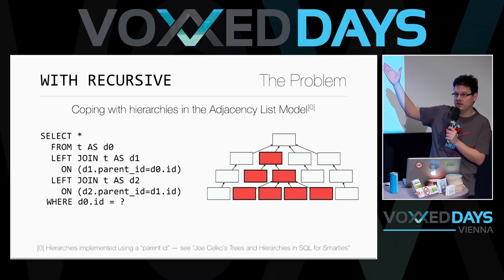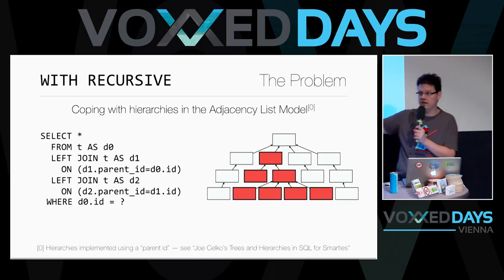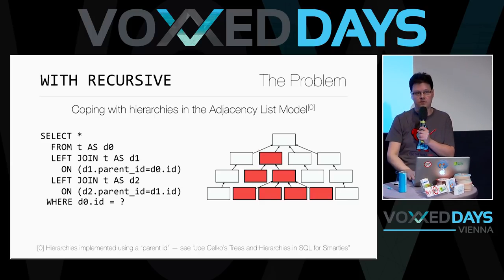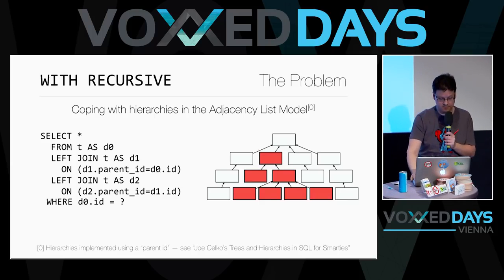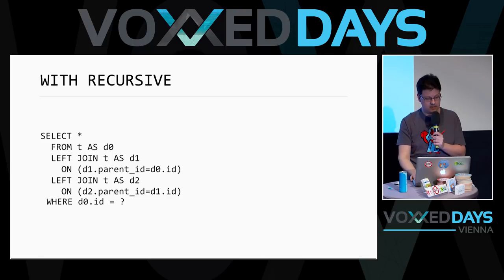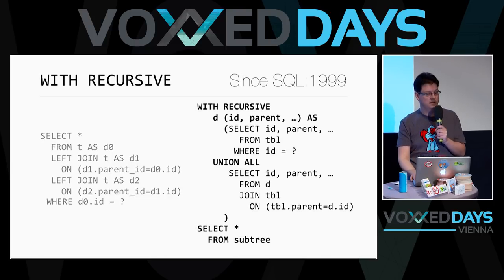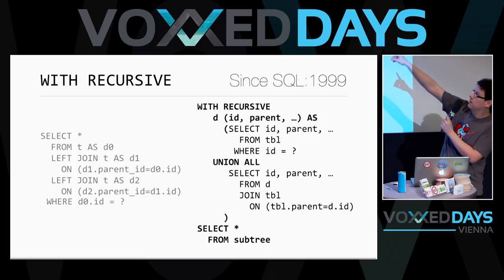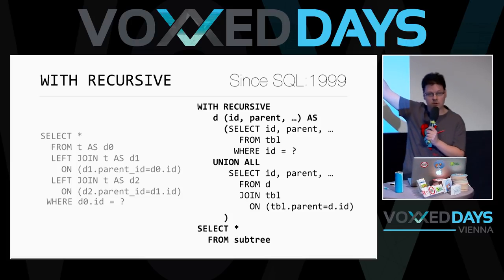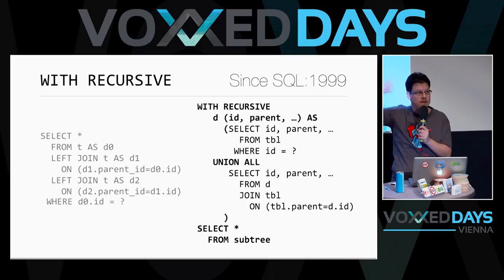That's not what we get from these joins. Instead we have the data spread across the columns, which is really, really bad. So how does it look now? Now there's a single query using WITH RECURSIVE, which fetches all of these highlighted nodes. It starts, you see it at the beginning, at some ID, which I just put the question mark in there, and then it iterates through each level.